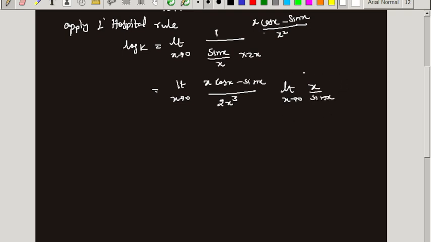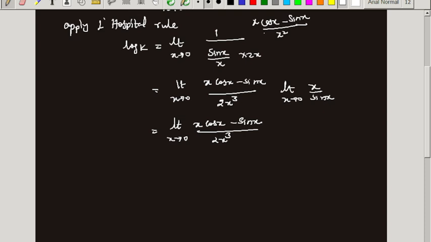So this is nothing but 1. So here we have only this one, limit x tends to 0 x into cos x minus sin x dividing by 2 times x cube.